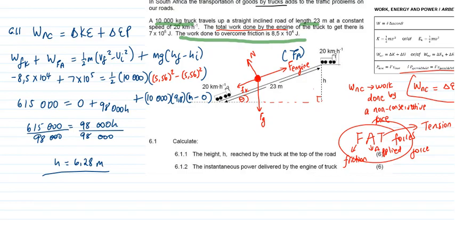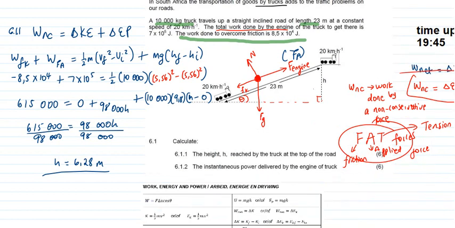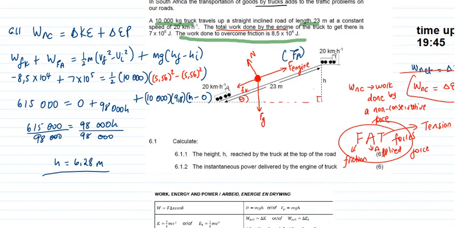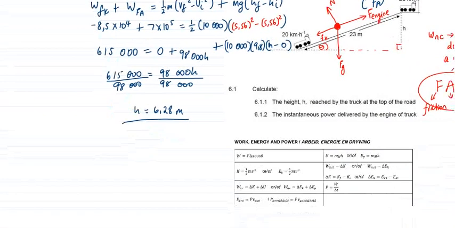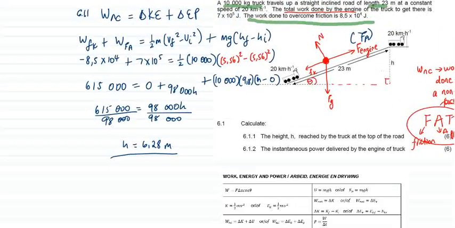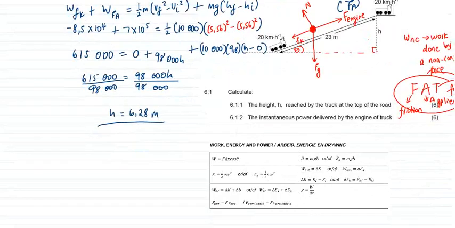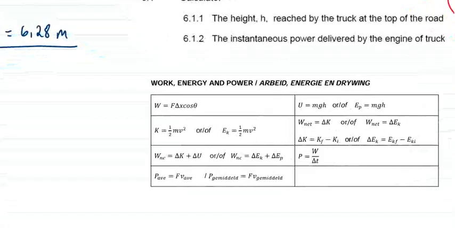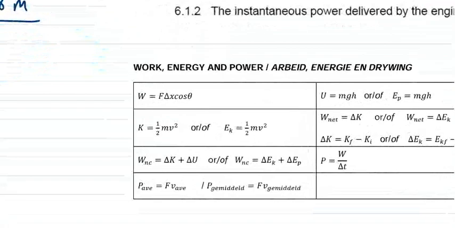6.1.2. Now we need the instantaneous power that was delivered by the engine of the truck. Now when you're dealing with power, the formulas for power are also there. So when we check these formulas there, power, average power, you can see that it is this formula here, which is force times V average.